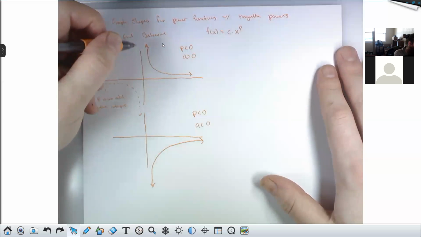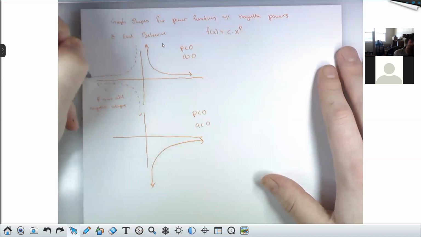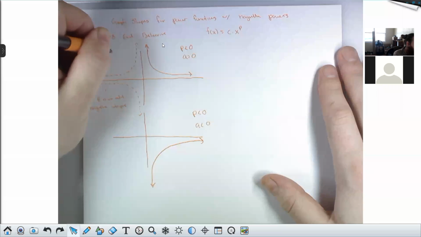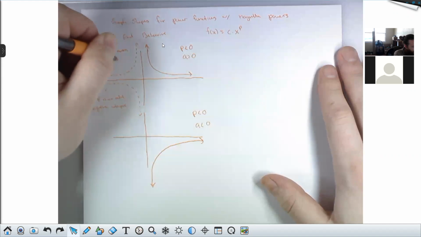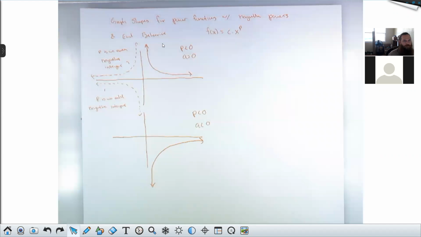And if the power happens to be a negative even integer, then you'll have another piece over here. For the first quadrant picture, there's just the one possibility, this, or I guess this is the first quadrant over here.